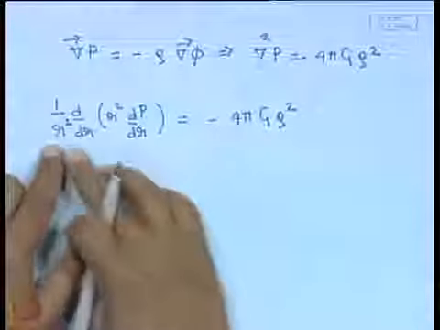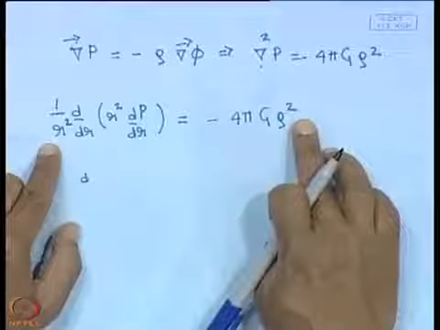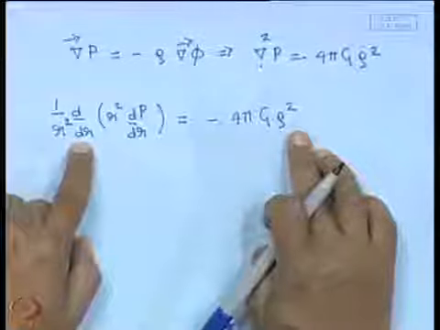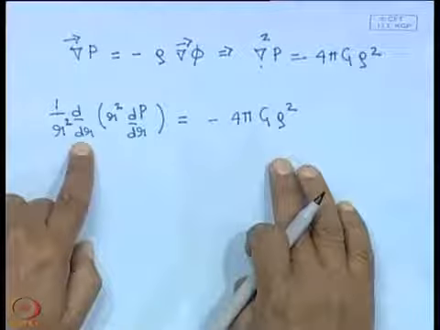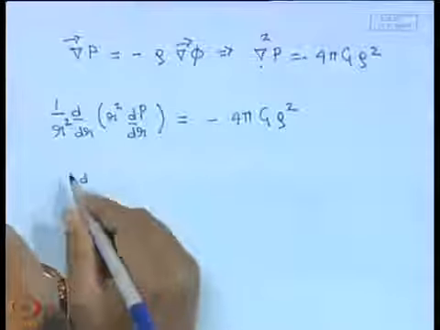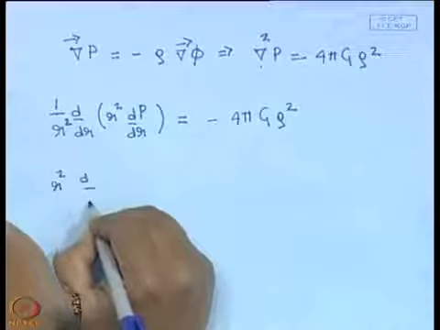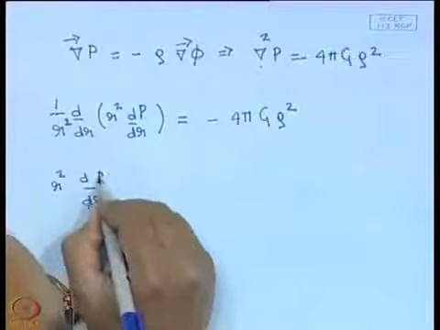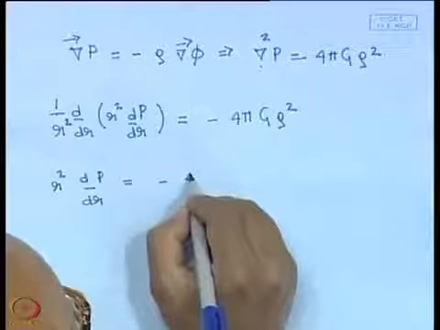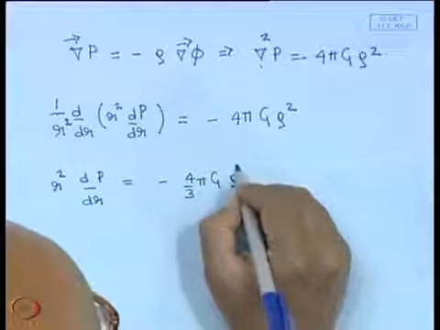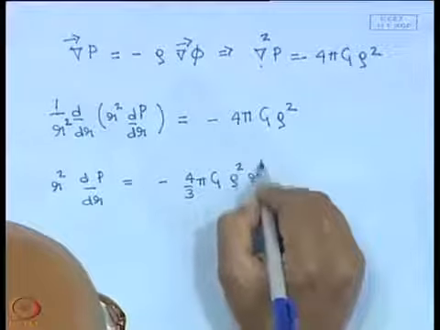So, we can multiply this with r square and integrate it once. If I integrate it once, I will get r cube by 3. So, this gives us finally r square dP/dr is equal to minus 4/3 pi G rho square r cube.